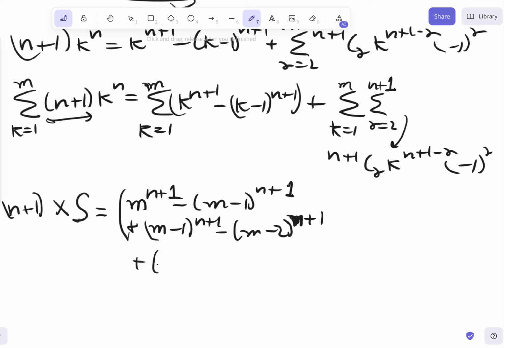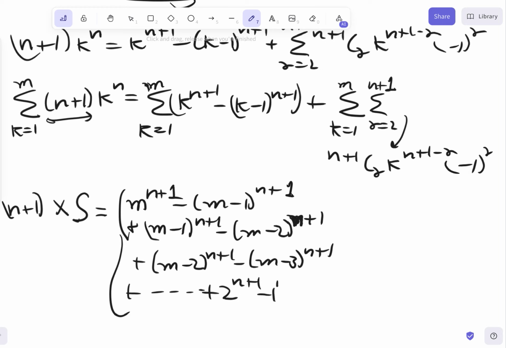Now, for the next term, m minus 2 power n plus 1 minus m minus 3 power n plus 1, plus dot dot dot, 2 power n plus 1 minus 1 power n plus 1, plus 1 power n plus 1 minus 0 power n plus 1.